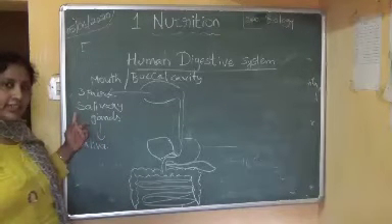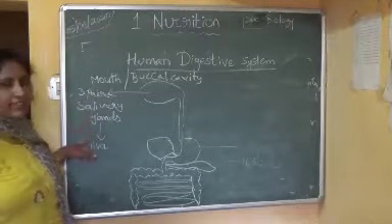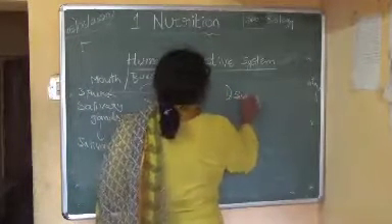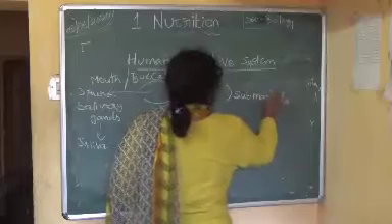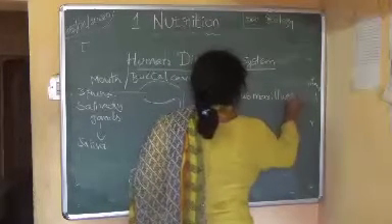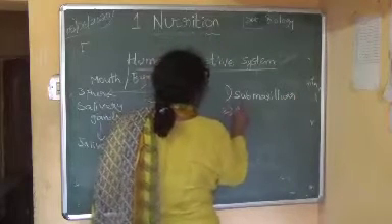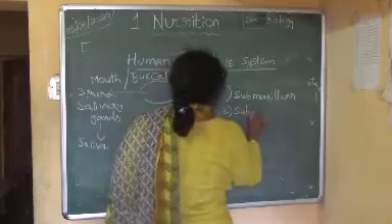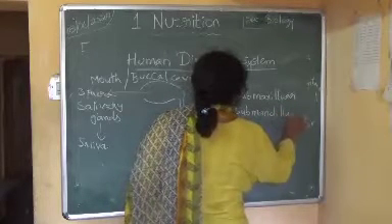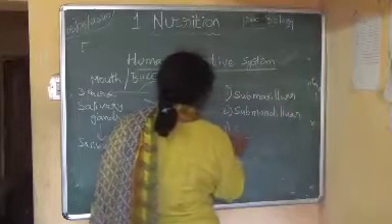Saliva is secreted through 3 pairs of salivary glands. They are submaxillary, submandibular, and sublingual.